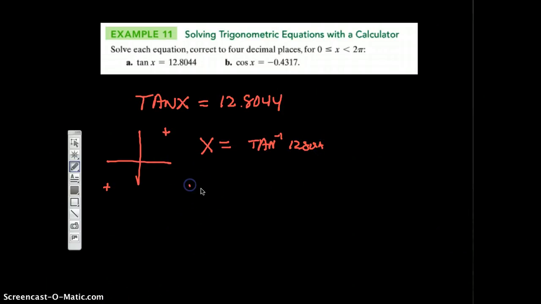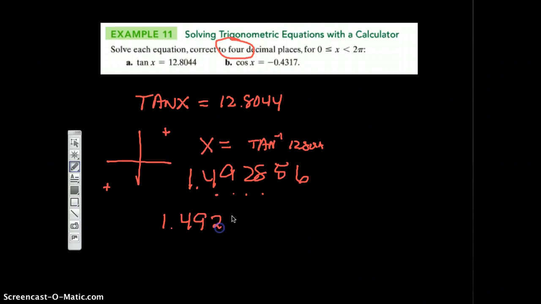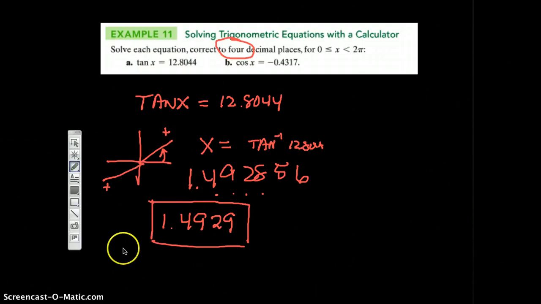Okay, so I did that on the calculator, and I have 1.492856. Well, we want to do that to 4 decimal places. 1, 2, 3, 4. So 1.4929. Okay, now remember, that is this angle right here in radians. That's one answer. Now, in order to find this angle right here, we realize that we're going to have to add that value to pi.